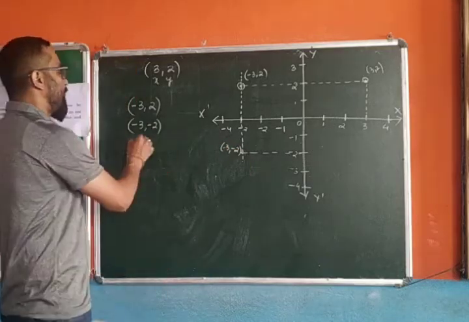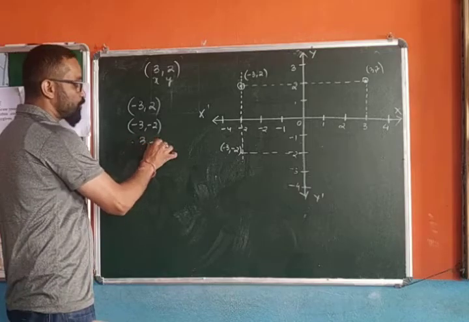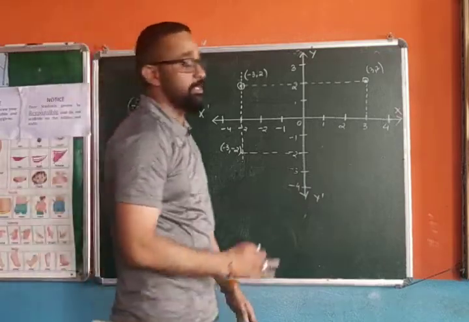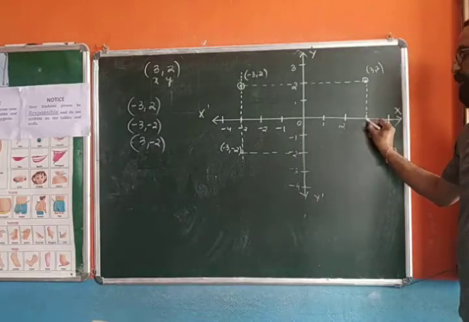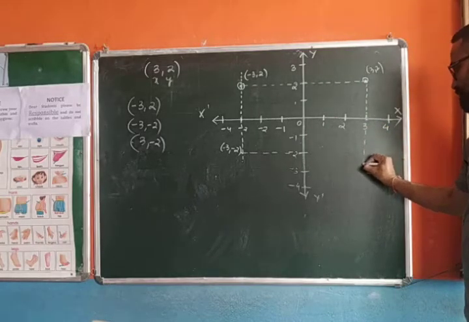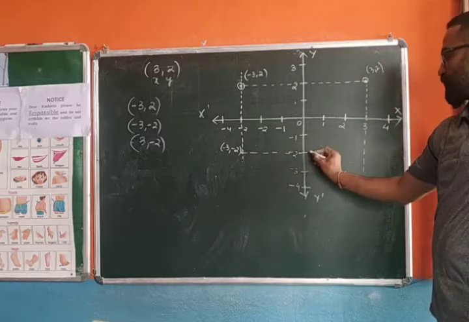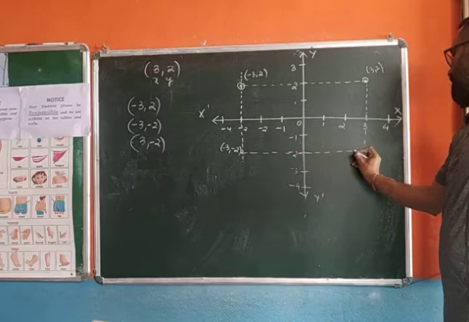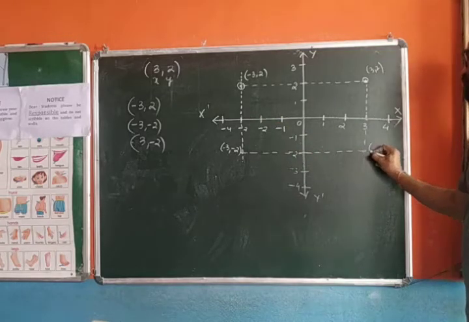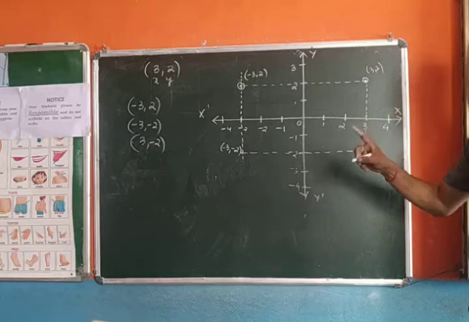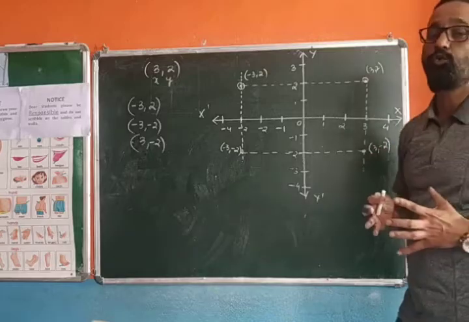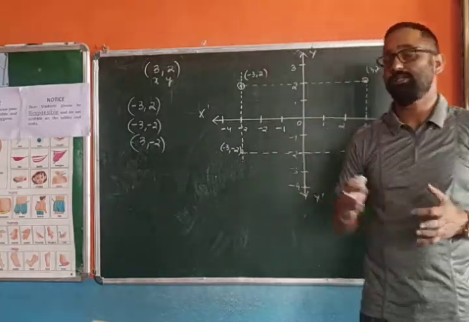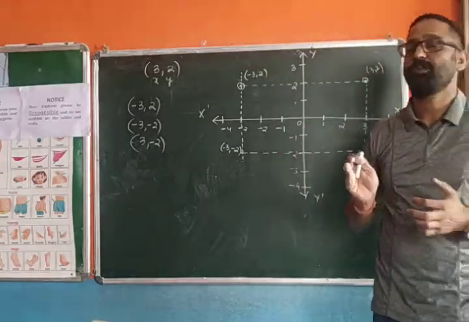Similarly, suppose you have 3, -2. X is +3: 1, 2, 3, +3, vertical line. Y is -2, horizontal line. Intersection will give you the position of the coordinate 3, -2. This is how we plot the points in the Cartesian system.